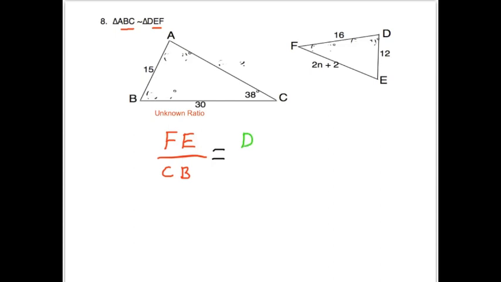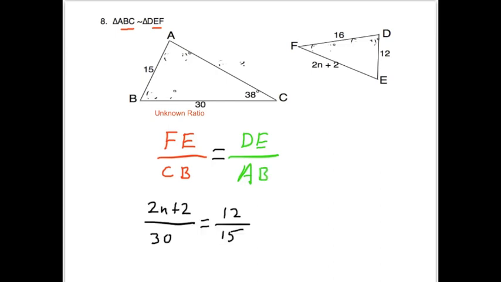So DE corresponds with AB. Cross multiply. Let's distribute the 15.